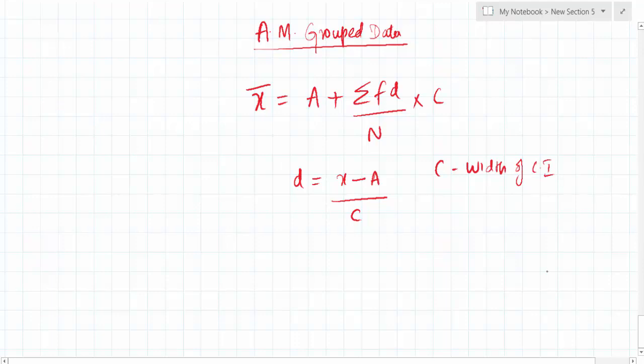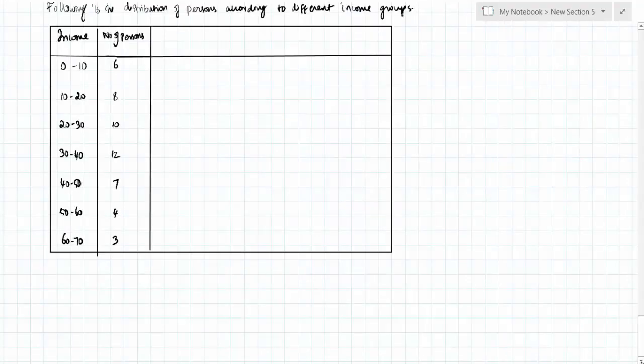So in that way, if you apply this formula, you will be able to find out the arithmetic mean of the information which is in grouped form with class intervals. Let's see. Now from this information, we have to find the mean. Here what you have is the income level of each and every group.